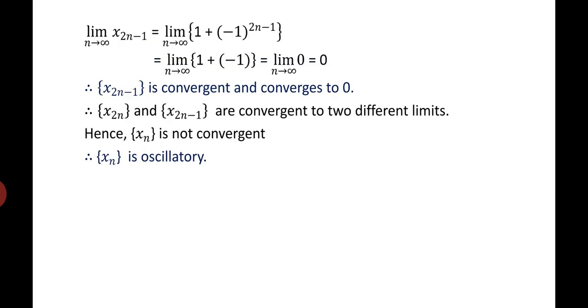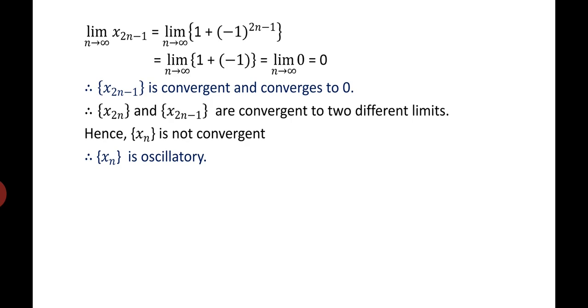Now let's see the next step, which is finding the limit n tends to infinity for x2n minus 1. So in the given problem, replacing n by 2n minus 1, we get limit n tends to infinity 1 plus (minus 1) to the power of 2n minus 1. Whatever value n takes, that particular term becomes minus 1.